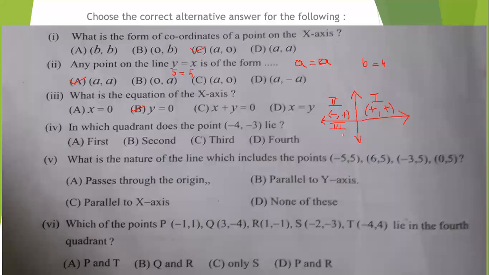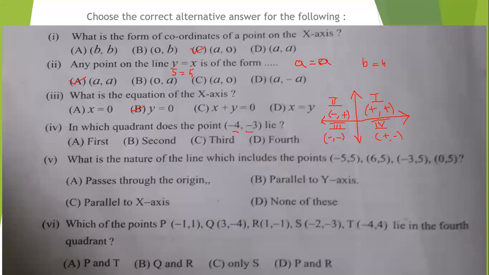This is the third quadrant and the signs are minus, minus. Fourth quadrant, it is plus, minus. So now let us look at the point. It is minus 4 comma minus 3. Means both coordinates x and y are negative.